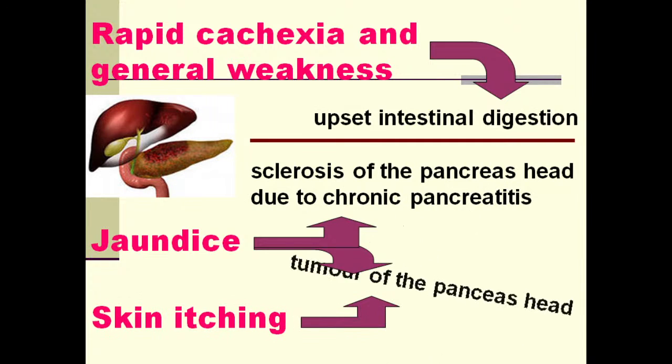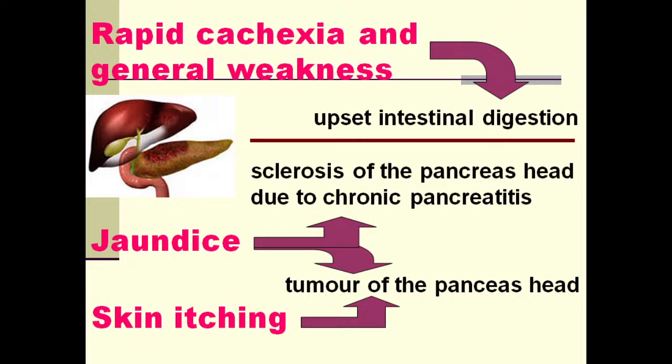More often, such jaundice is accompanied with skin itching. Why? Because due to disturbed evacuation of bile, its pressure in the liver increases, and together with bilirubin and cholesterol, bile acids will be absorbed into the blood, which irritate specific skin nerve endings and clinically manifest with severe skin itching.